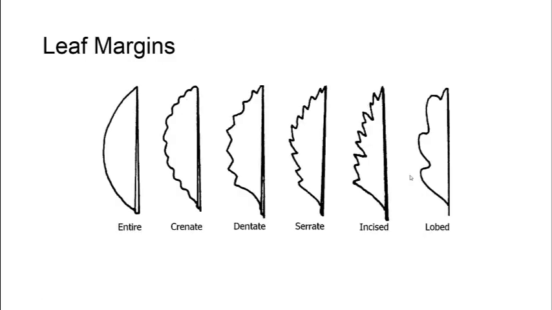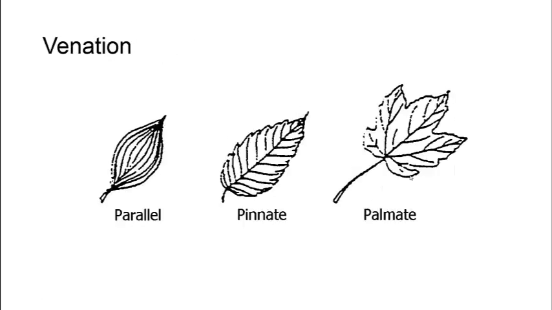Leaf margins are also important identifiers, as well as leaf venation. And so we can categorize veins as being parallel, which means they run rather parallel to the edge or the margin of the leaf blade. They're pinnate, as this one is here, like elm.